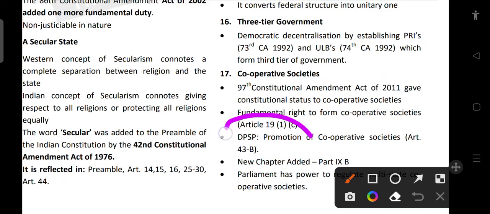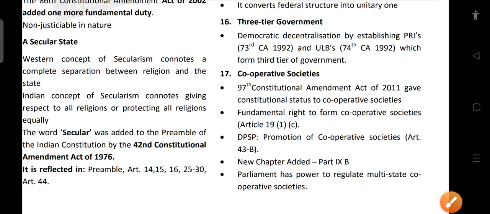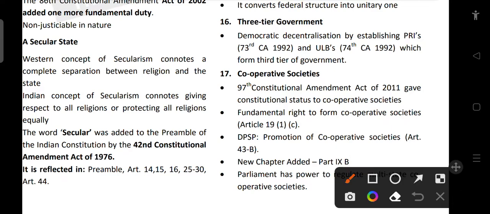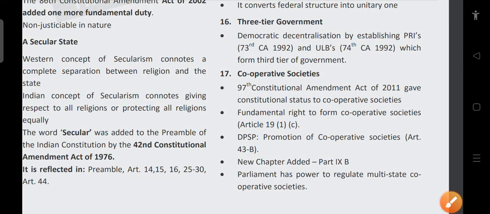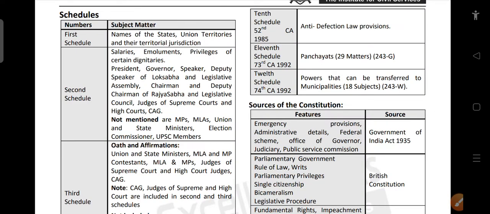So it is mentioned in Article 19(1)(c) in the fundamental rights part, and it is also mentioned in the DPSP under Article 43B, which is promotion of cooperative societies. And there was also a separate part added for it called Part 9B. And Parliament has power to regulate multi-state cooperative societies. So these are some of the important salient features of our Indian Constitution.